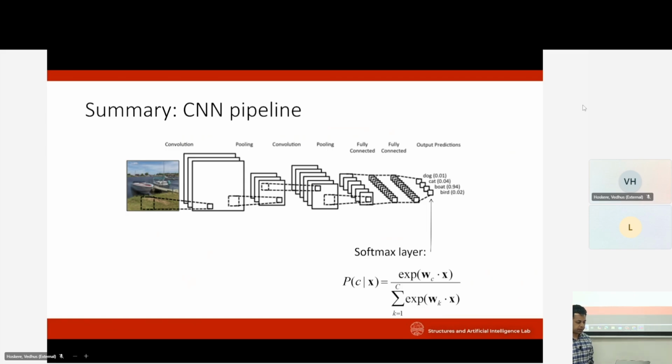Now, another very important aspect is the loss function that is used. For classification problems, the most common and widely used loss function is the cross entropy with a softmax. So what is a softmax layer?